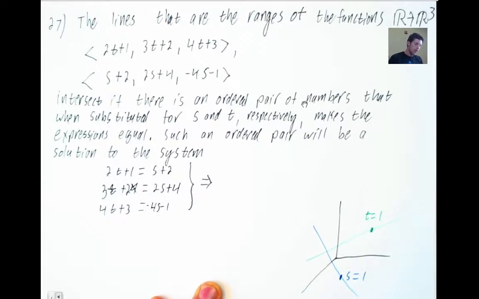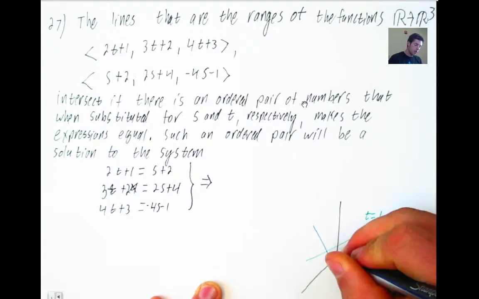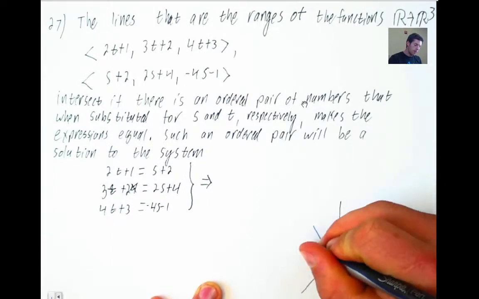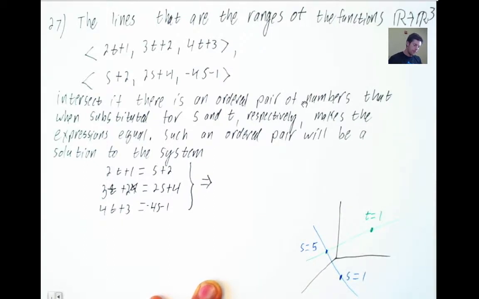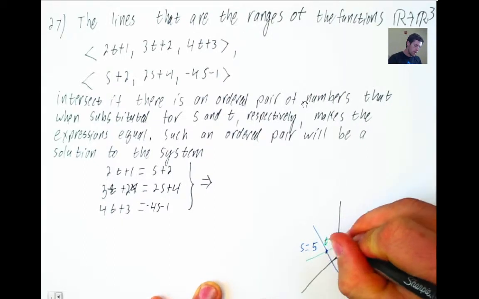Okay, that is to say, these things intersect, but when the independent variable for the function is the same value, that's not the point of intersection. So perhaps they meet over here where s is 5 while t is 7.